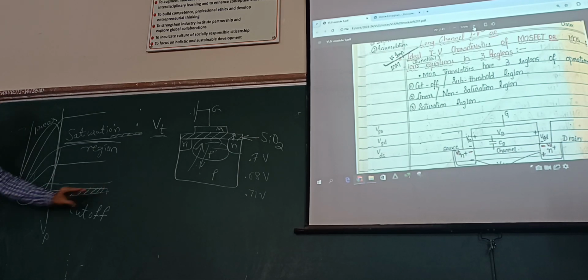This is the cutoff region, this is the linear region, this is the saturation region. Cutoff region means the MOSFET is off, it is not on. Linear region of operation means the MOSFET is on, and the current is increasing linearly.